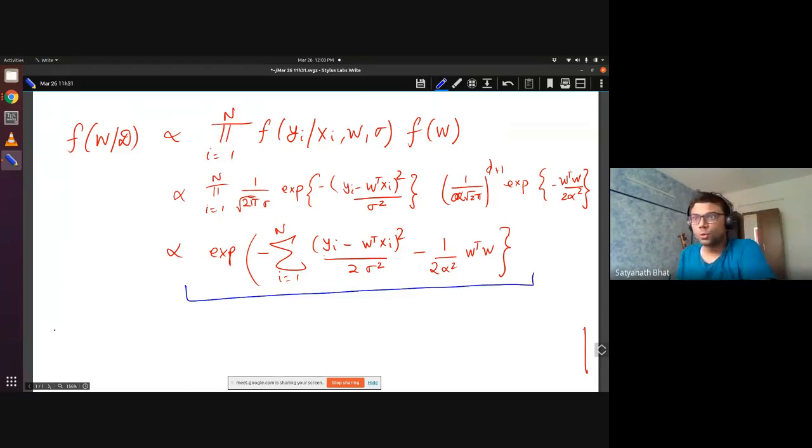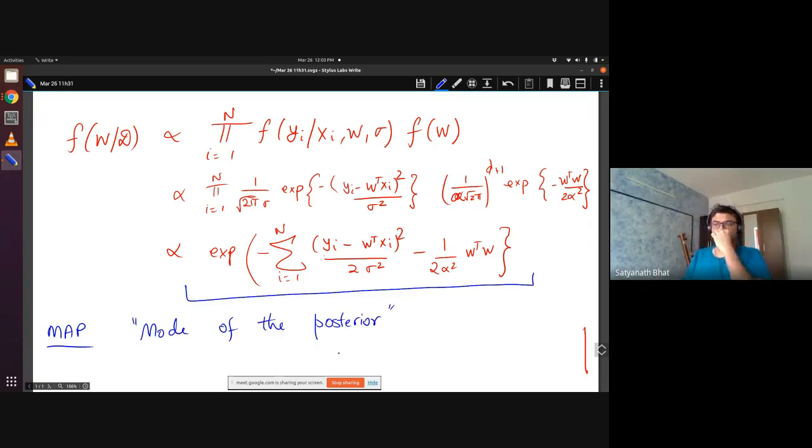Now, if you want to do MAP estimate, okay, what is that? You want to look at the mode of the posterior. For those of you who remember, we actually did this. We take the MAP, the mode of the posterior, and then we try to estimate what is the mode of the posterior. To find the mode of a function, how do you do it?